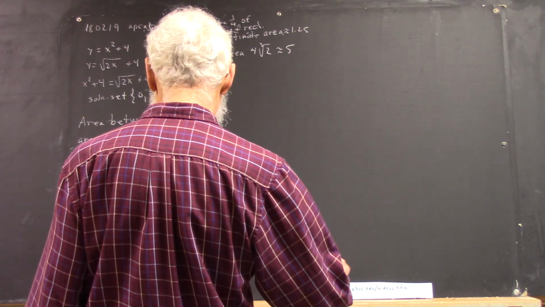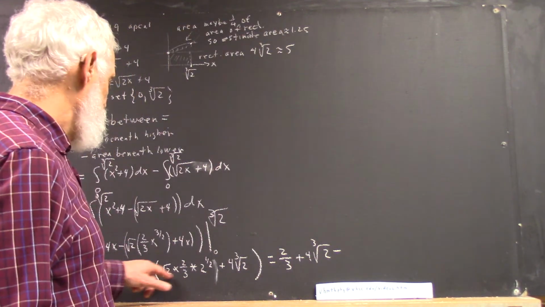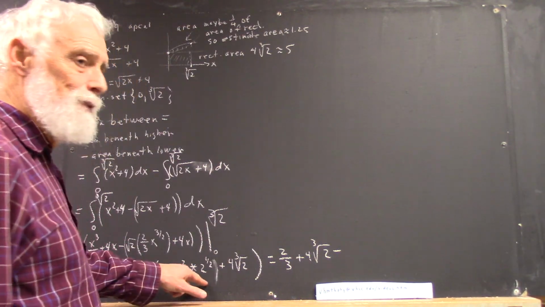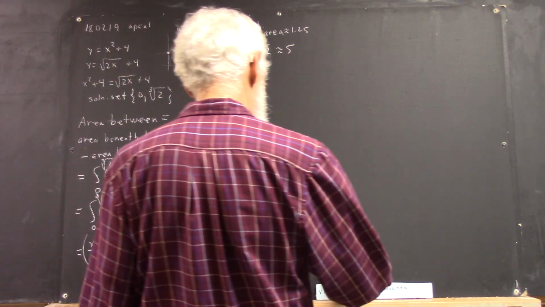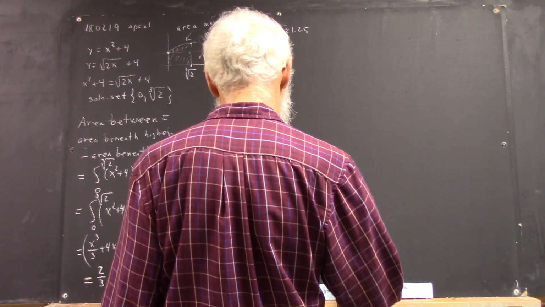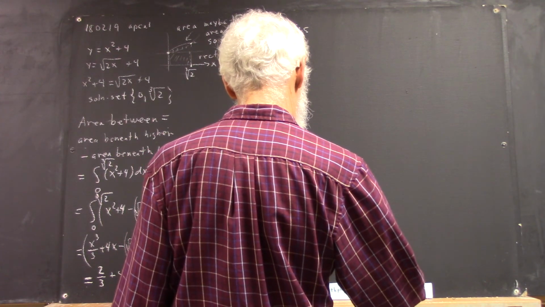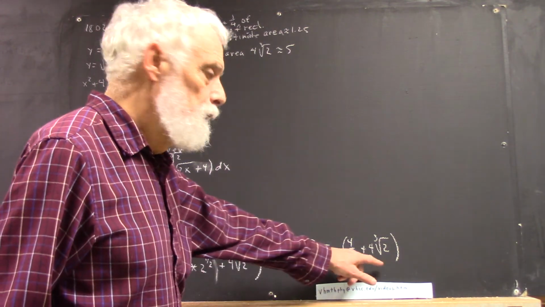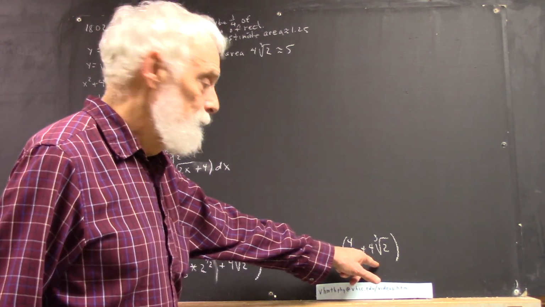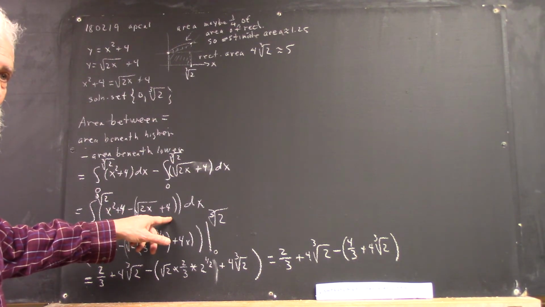Then we got a 4 cube root of 2, and then we have minus 2 times the square root of 2 times square root of 2 is 2, so that's going to be 4/3. And then we'll have a 4 cube root of 2, and we expect the 4 cube root of 2 to subtract off because it came from the 4 here and the minus 4 here.